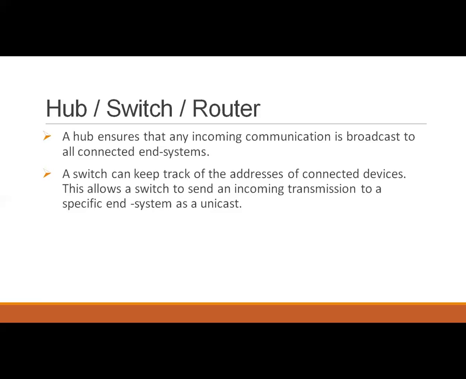Remember, the unicast was the type of message that is sent from one sender to one recipient. Switch can remember the addresses and send the data only to the intended recipient. It doesn't work like the hub relaying the message to everyone on the network.